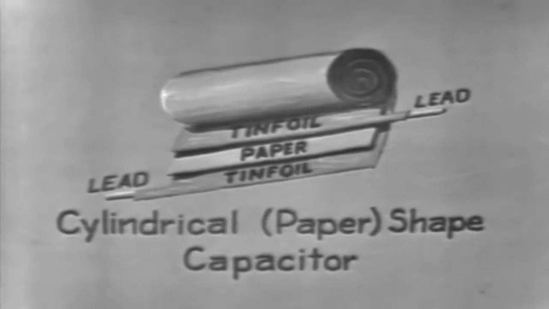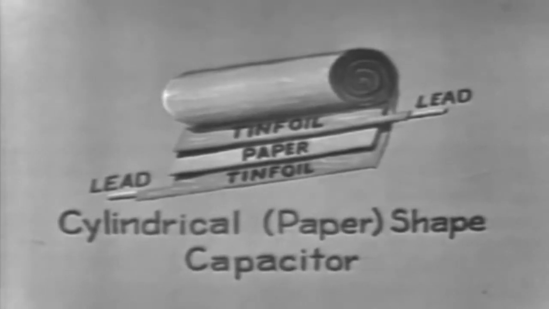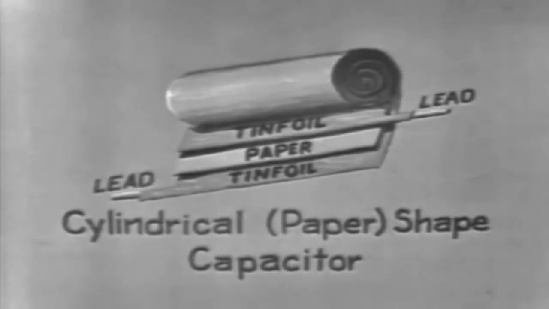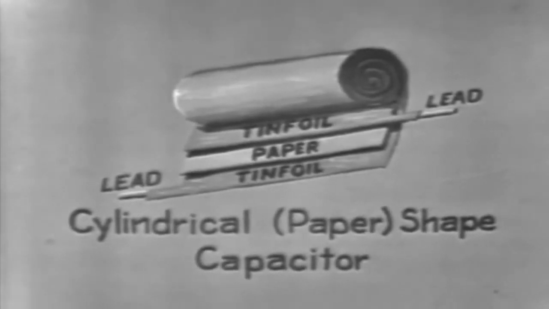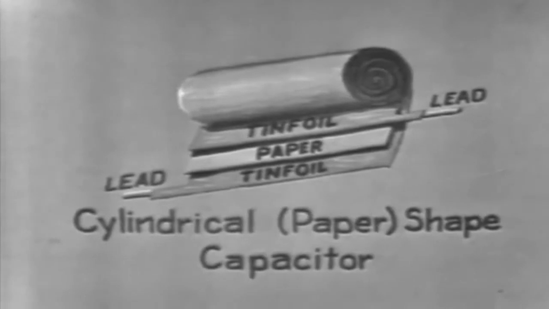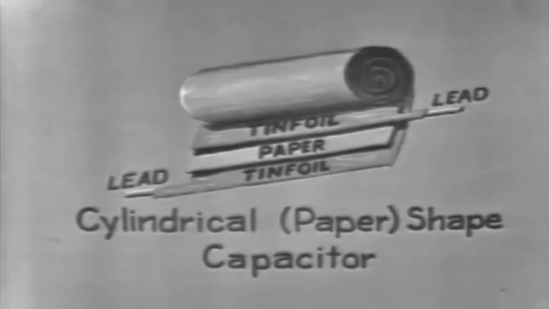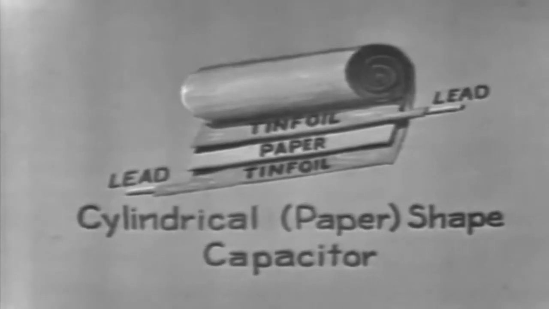Here's how it's constructed. Two layers of tinfoil separated by a layer of paper rolled into a cylindrical shape. After the capacitor is rolled, it's dipped in melted wax so it will retain its shape. This is a very inexpensive capacitor for the job it can do.